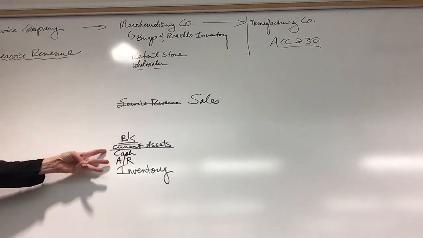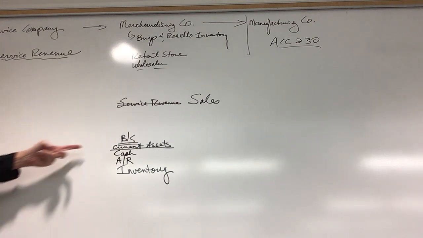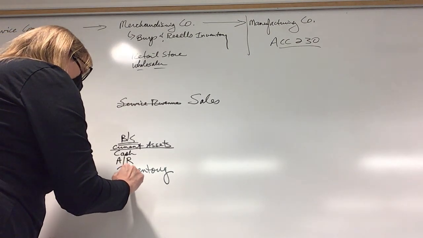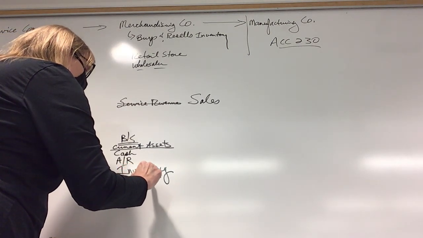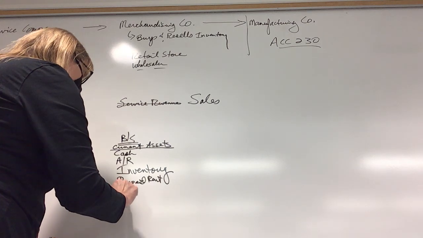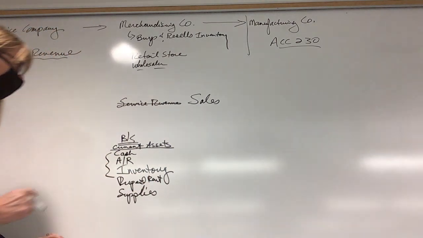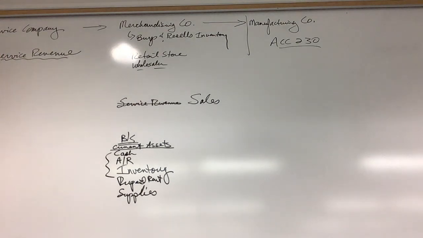So the first three current assets on your balance sheet for the final should be cash, accounts receivable, and inventory in that order. Okay? Then if you have anything like prepaid rent or supplies, they can go down here. I don't really care the order of those. But these three, I will take off if you don't have the first three current assets in that order, okay? So those are just a couple of small changes we're making here, all right?